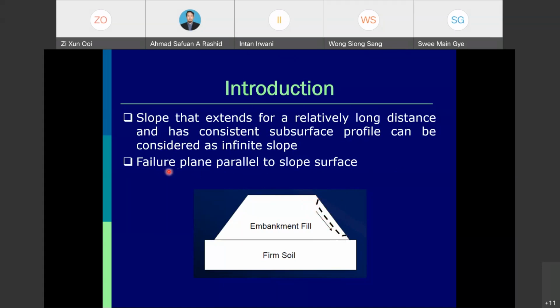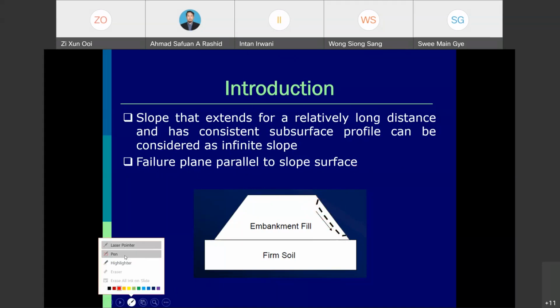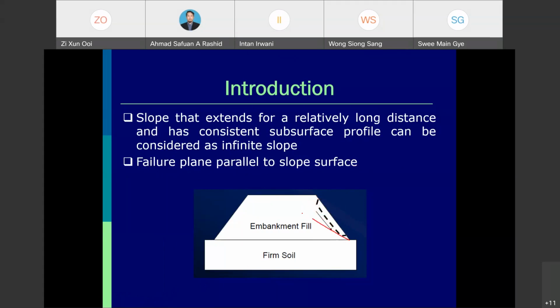The failure plane is parallel to the slope surface. So it is different from a linear failure plane, where we assume the failure will be like this. It is also different from the circular or non-linear method, where the failure will happen like this one.